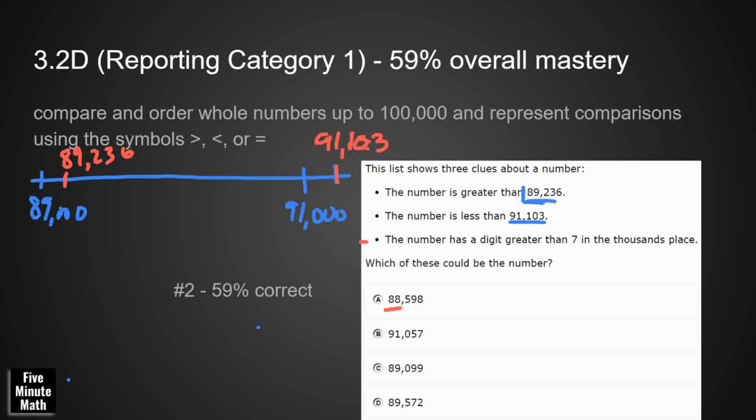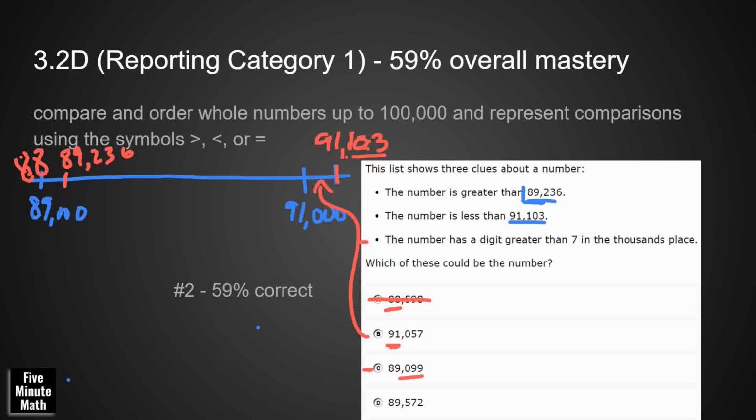So look at this, 88,598. Well, 88 is going to come down here, which means 88 is not going to work. 91,057. It's going to go right here. So we're good, the 91,000 works, because the 057, 57, is less than the 103. So that's a possibility without looking at that last item.